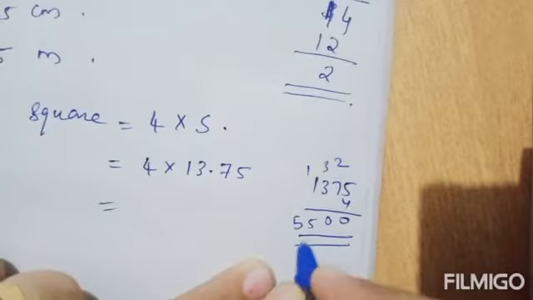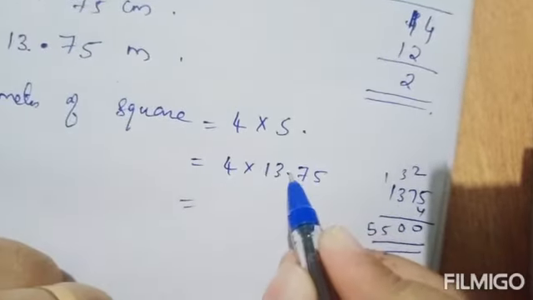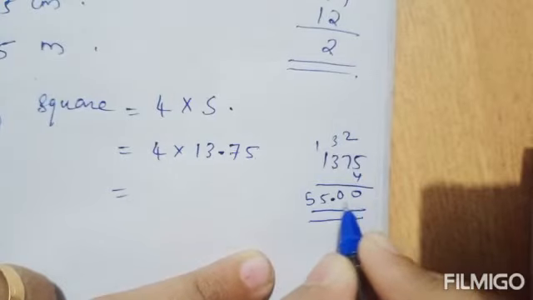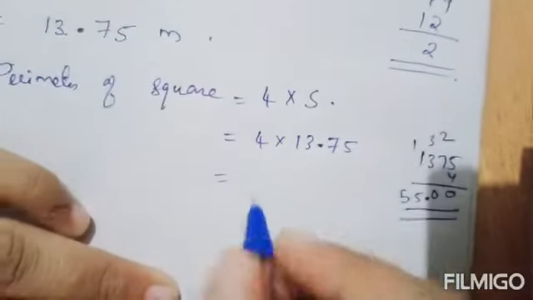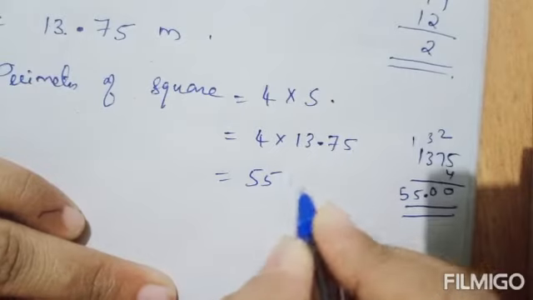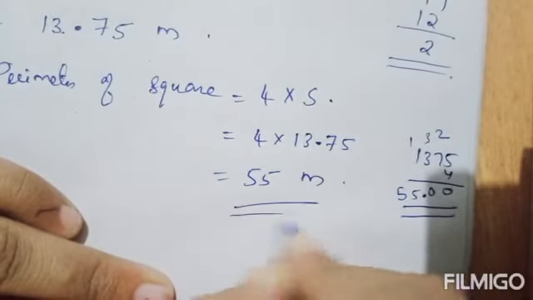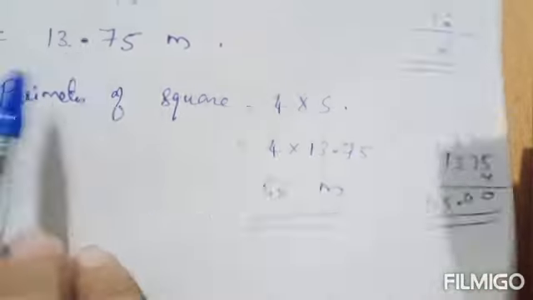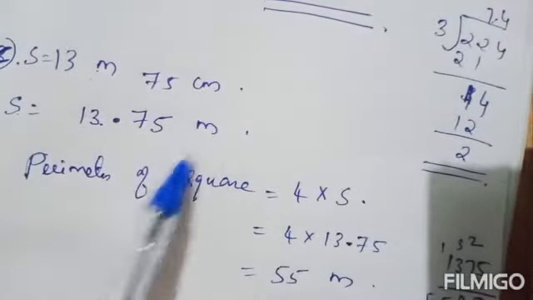You will get 5500. Now here after decimal point 2 digits are coming. So here also after decimal point 2 digits should come. So it is 55 meter. This is the perimeter of square whose side is 13 meter 75 centimeter or 13.75 meter.